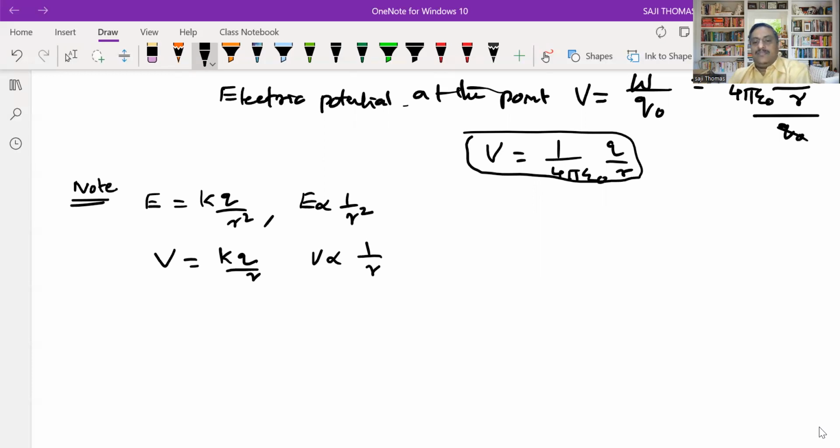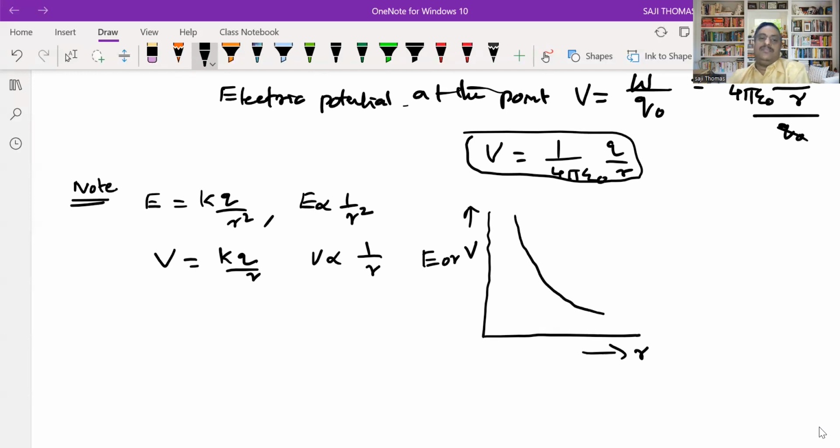Let me draw the graph. In a single graph, I am drawing two for the two cases. Y-axis, you take E or V. X-axis, R. If I draw electric field versus distance, this is the graph. Now you see potential is inversely proportional to 1 by r. Electric field is inversely proportional to 1 by r square.